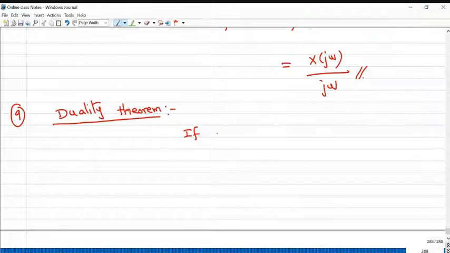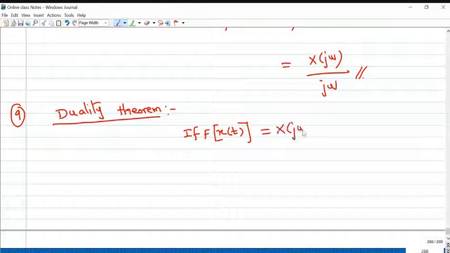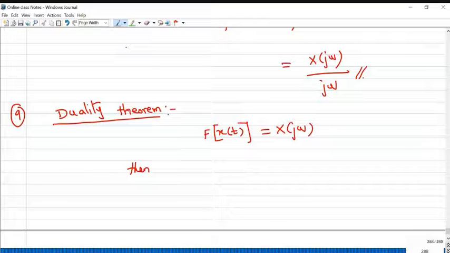It says that if the Fourier transform of x of t is x of j omega, then the Fourier transform of x of t equals x of j omega.